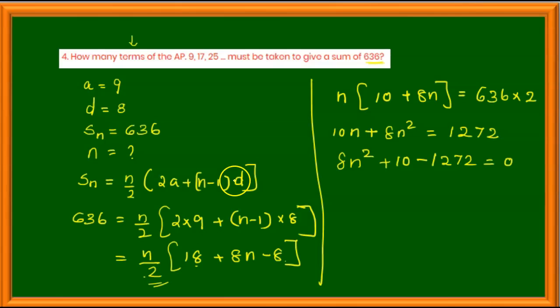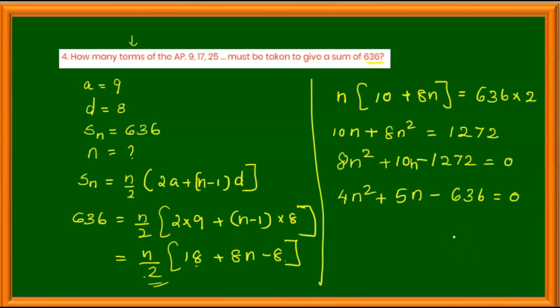So I think it is divisible, all of these are divisible by 2, so we can divide throughout by 2. You will get 4n square plus 5n minus 636 equal to 0. Now we can use either of the methods to find the n value: quadratic formula or splitting the middle term factorization method.